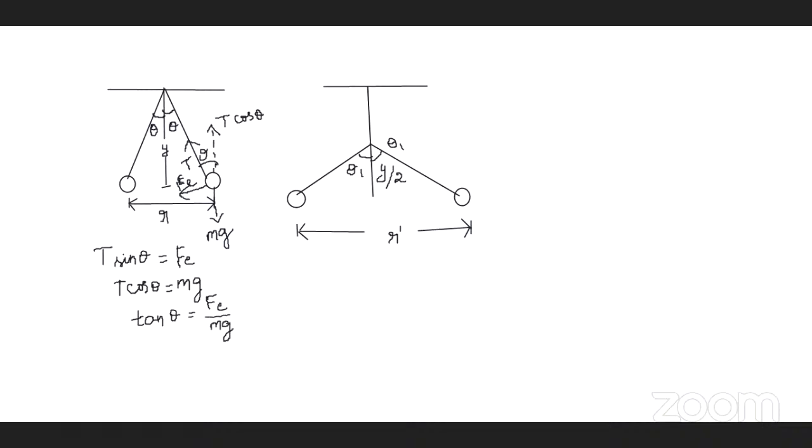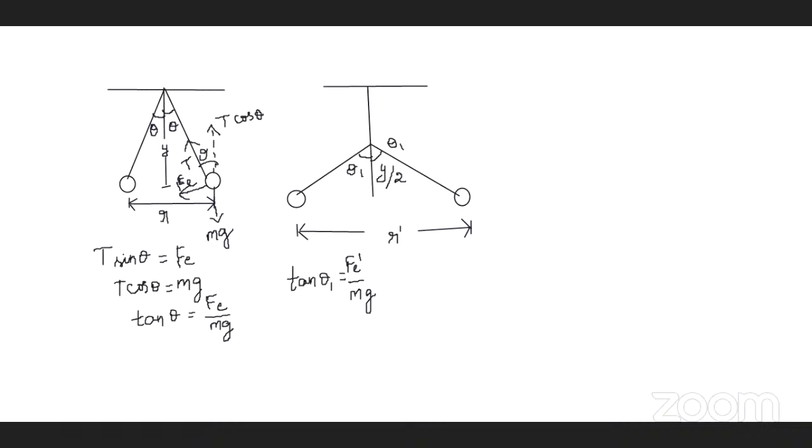Similarly, tan theta 1 equals Fe prime divided by mg, because the electrostatic force now changes because of the change in equilibrium separation. The weight of the ball doesn't change, so it is mg. Tan theta equals Fe by mg, tan theta 1 equals Fe prime by mg.